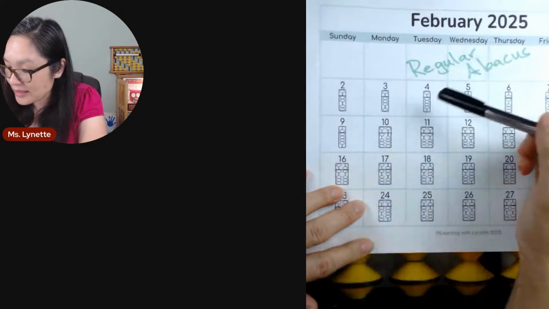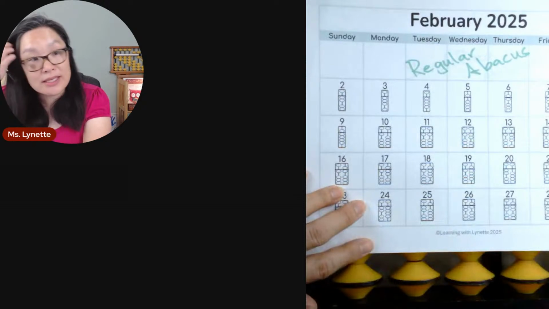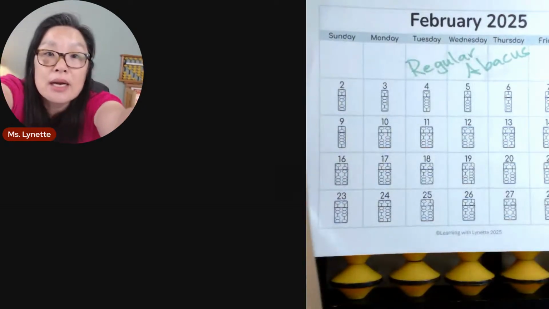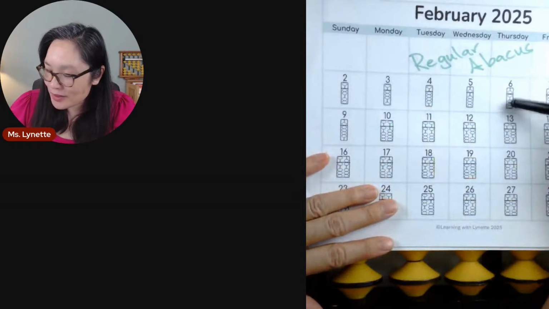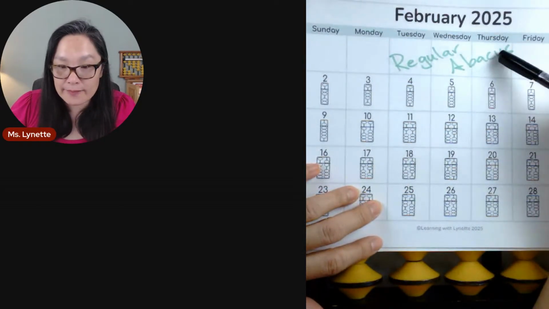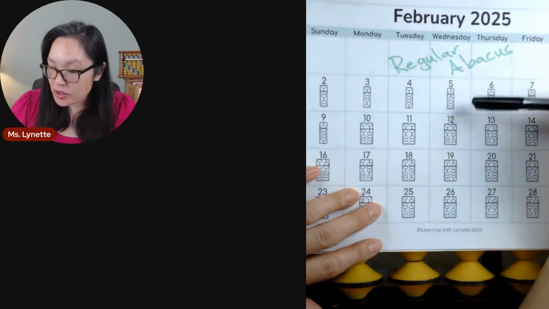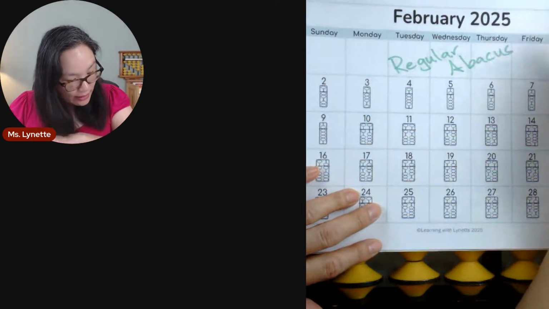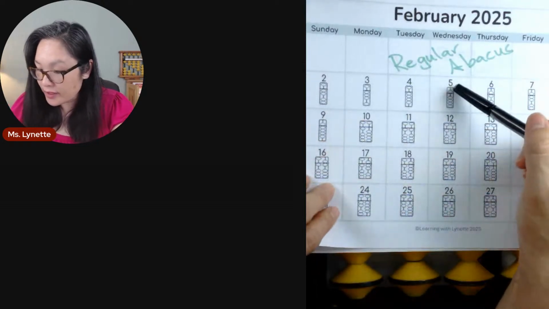How many beads is that? 1, 2, 3, 4. Or you could talk about, what's tomorrow? Tomorrow is the 6th. The 6th is Thursday. So today is Wednesday, right? Tomorrow is Thursday. So I have questions that talk about, like, can you find today's number? Today's number is number 5.